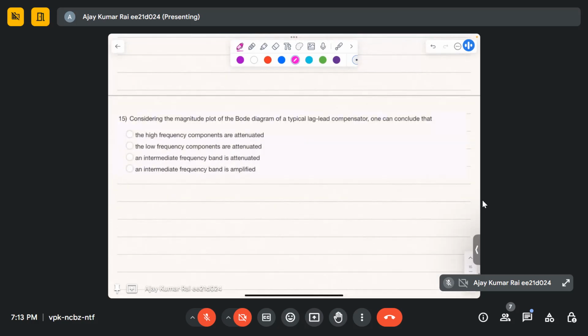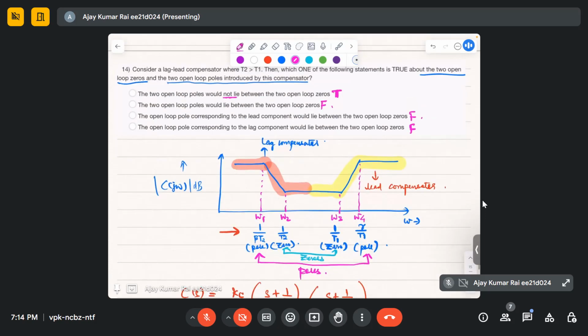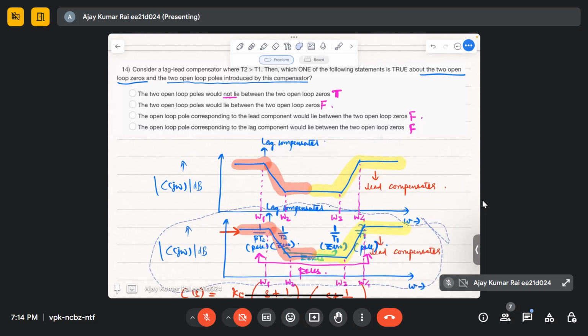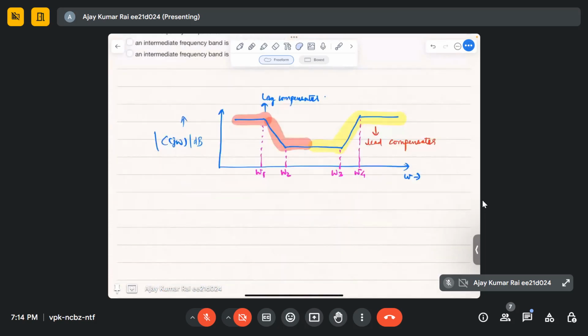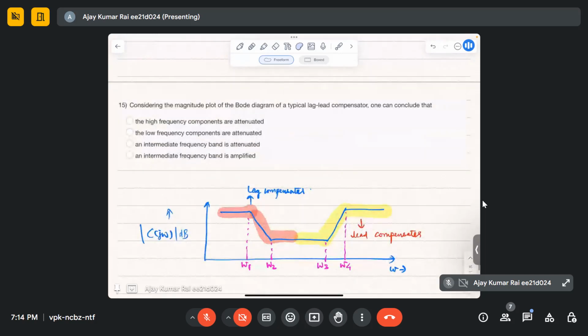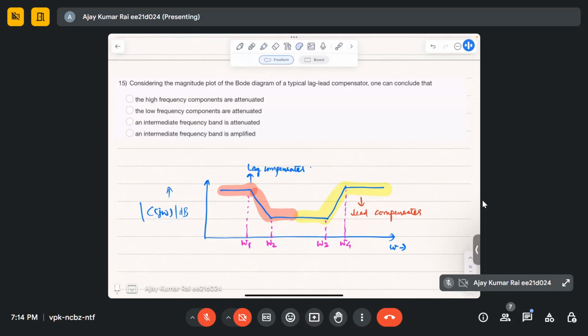Okay, let's go to this question. Consider the magnitude plot of the Bode diagram of the typical lag lead compensator. One can conclude that... Let me just copy this same plot. So you answer by looking at this plot.